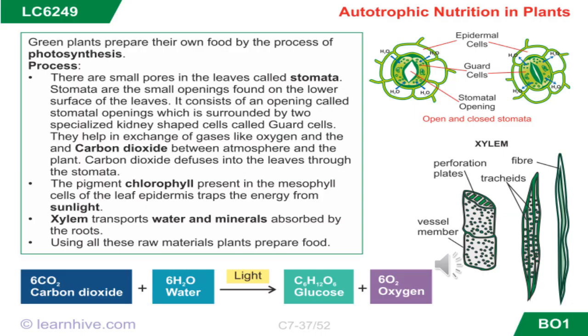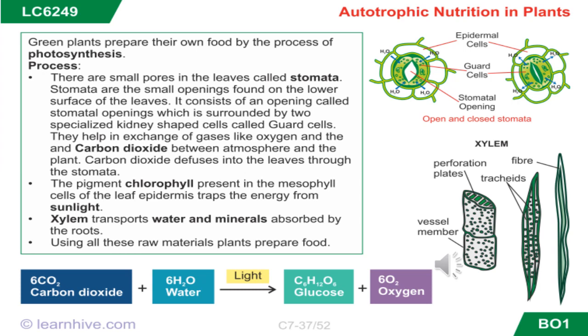In this picture, I just wanted to recapitulate autotrophic nutrition in plants. We all know green plants prepare their own food by the process of photosynthesis. In all green plants, in the leaves there are tiny pores called stomata. The stomata are small openings found in the lower surface of the leaves. Each consists of an opening called the stomatal opening, surrounded by two guard cells.